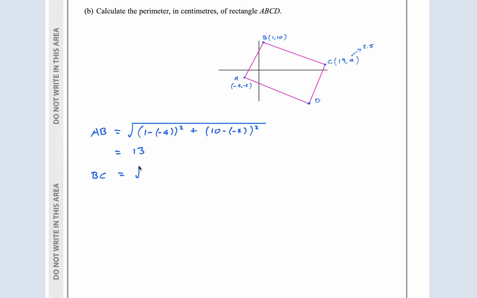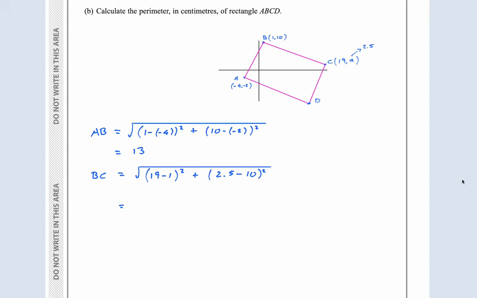And let's get the length BC. That's the square root of 19 minus 1 squared plus 2.5 minus 10 squared. This is the distance between 2 points formula.